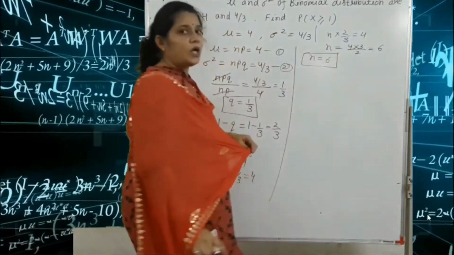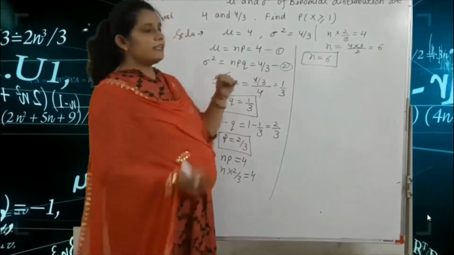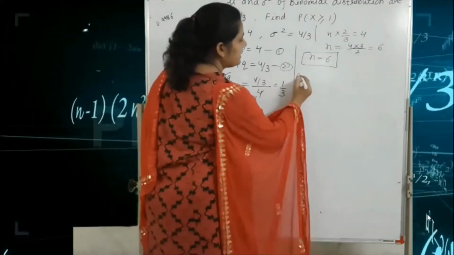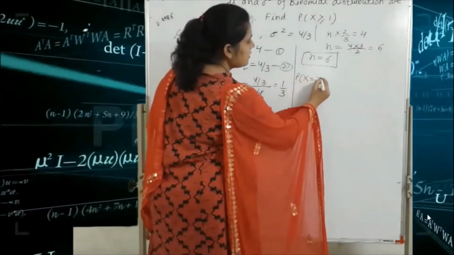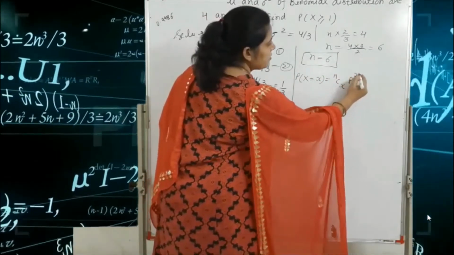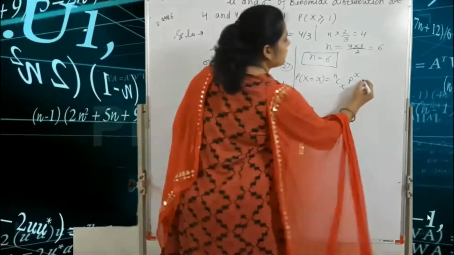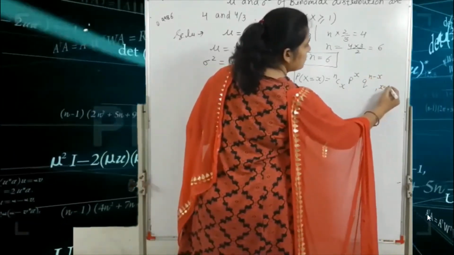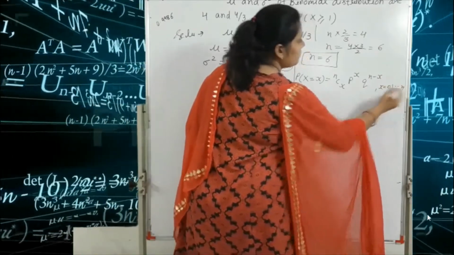Okay. Put all these three values in the binomial distribution form. So we write P(X = x) is equal to nCx p raised to the power x q raised to the power n minus x, where x is equal to 0, 1 up to n.